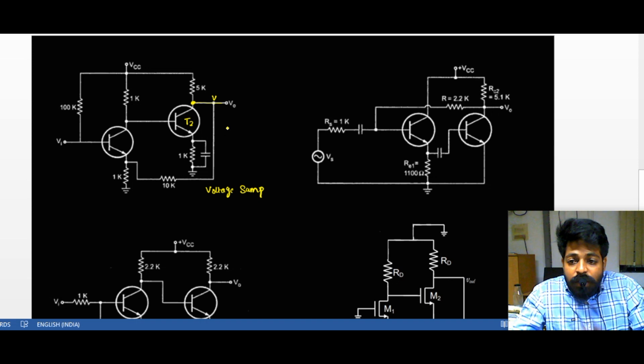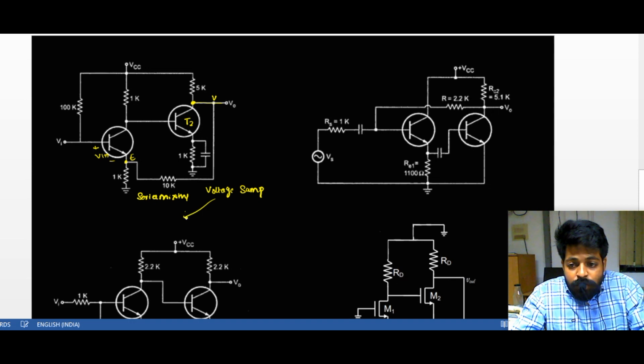After I take a voltage sampling, I mix it over here at the emitter terminal. So once I mix it at the emitter terminal, I have V input across the first transistor, and my voltage signal is getting subtracted. If it is mixed at the emitter, I call it series mixing.